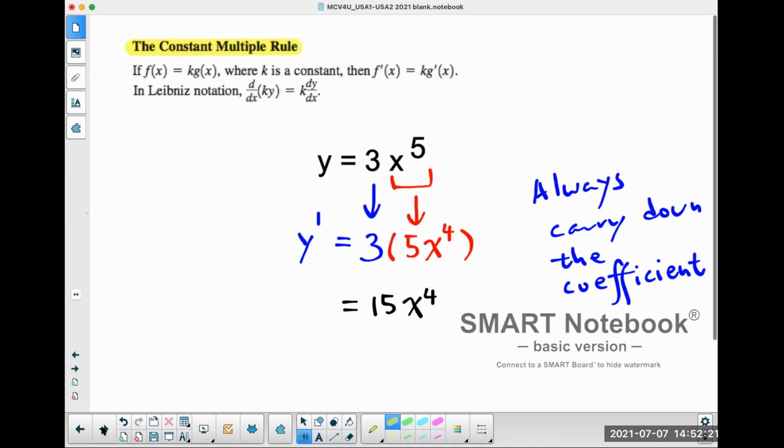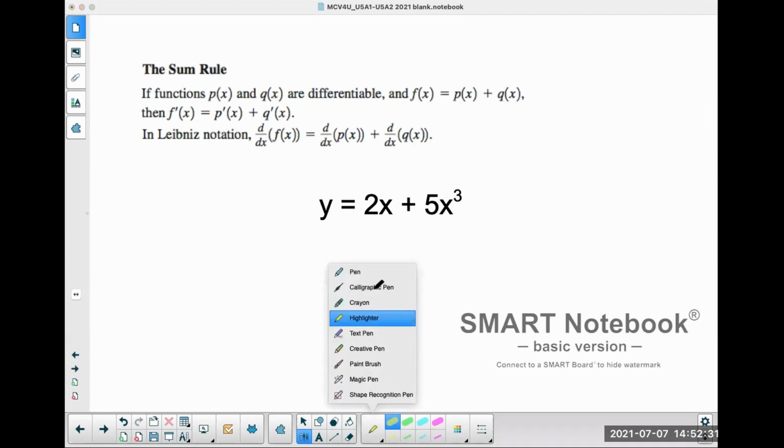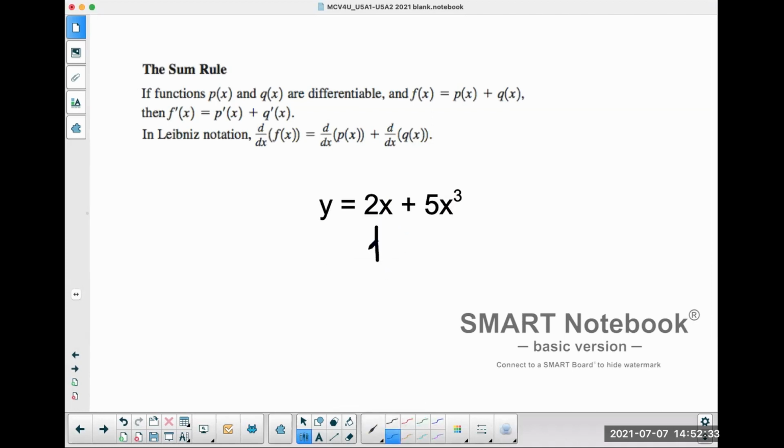That's what's important. What if you have two things added together, like 2x and then 5x to the power of 3? Well, good news is you can find the derivative of each of the two separately, and then you add them. This is referred to as the sum rule.